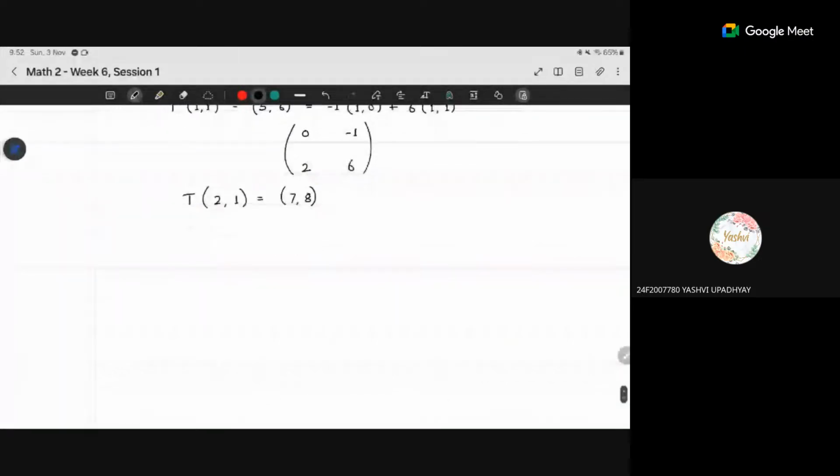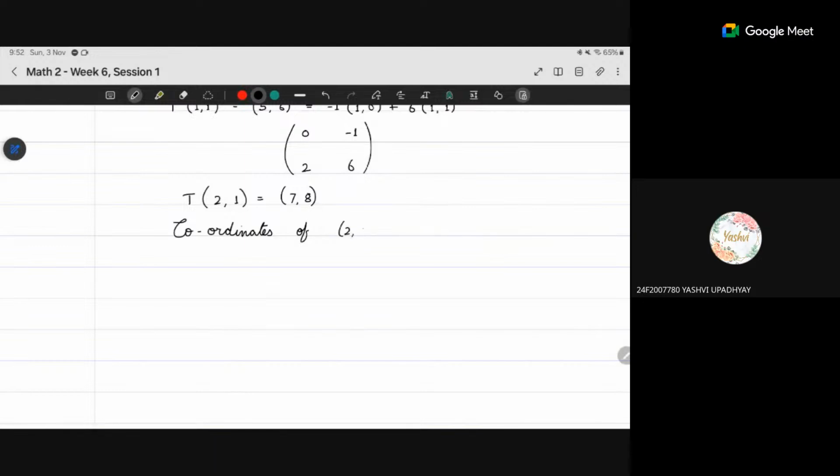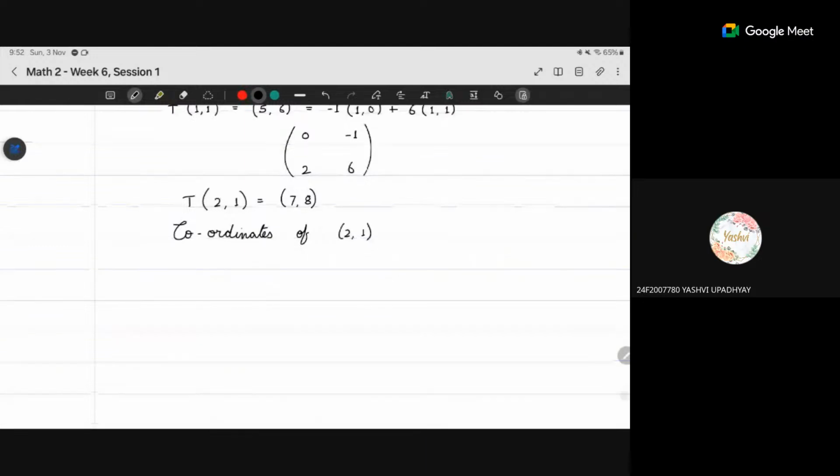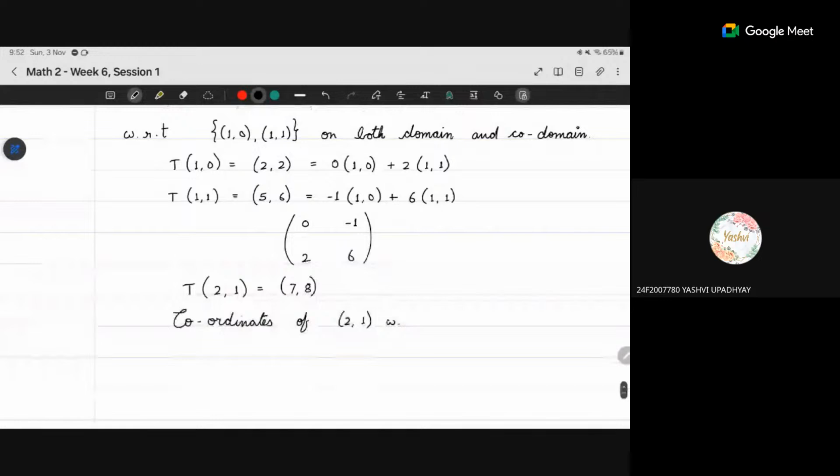But then what are the coordinates of 2, 1 with respect to the given basis? You remember what coordinates are with respect to 1, 0 and 1, 1.